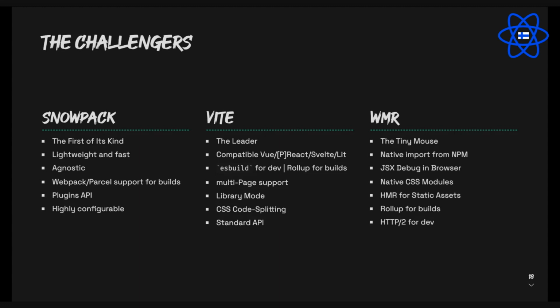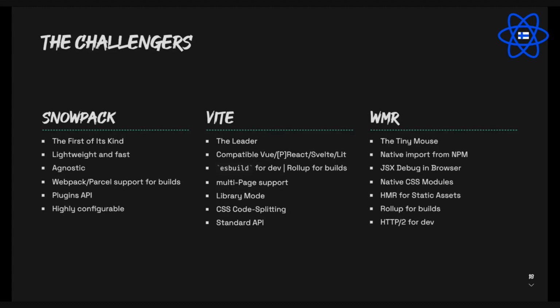In front of them, on the other side, we have VITE. VITE is the actual leader of this trend. It's compatible with any kind of Vue, React, or Preact, or Svelte, Lit, etc. project. So it's pretty much agnostic, even if it's developed by the Vue community. It uses ES-Build for the dev part and Rollup for the build. So it's really, really fast in serving your different applications.